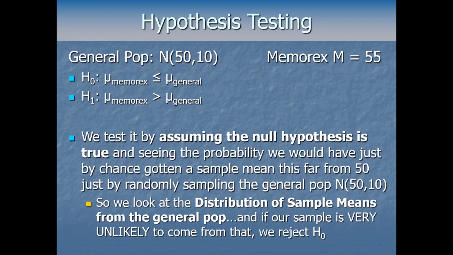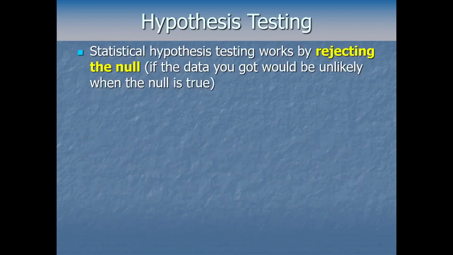But if it's not common under the null hypothesis, under that assumption, if it wouldn't be common to run into samples with a mean of 55, like we found here, if it's not that common when the null hypothesis is true, then we reject the null hypothesis. So at its heart, this process of statistical hypothesis testing works by rejecting the null.